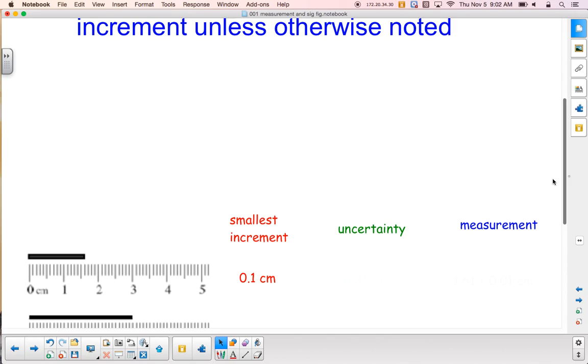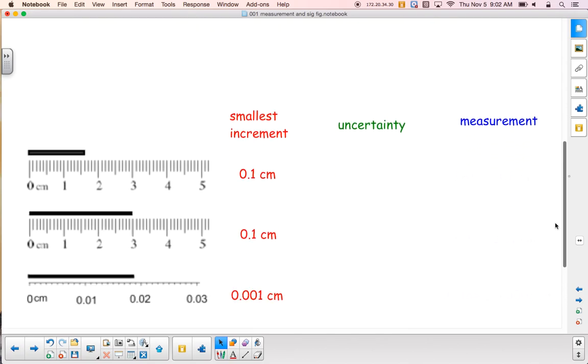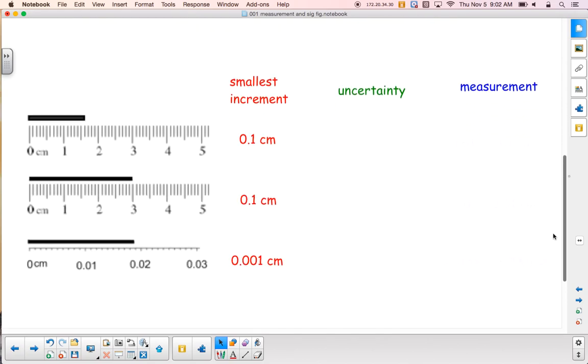Let's go back and consider the rulers that we looked at before. We have determined the smallest increments on each one of these rulers. Now I want to go back and determine the uncertainty for each ruler. Since none of the rulers indicate that their uncertainty is anything different than 10% of the smallest increment, we will go with that assumption.